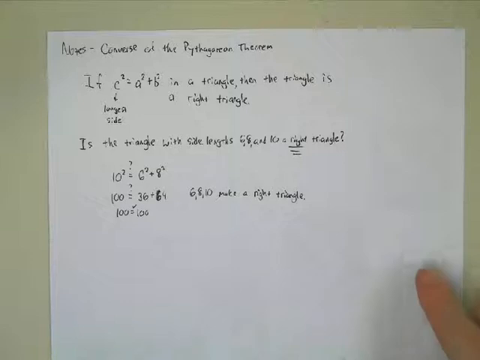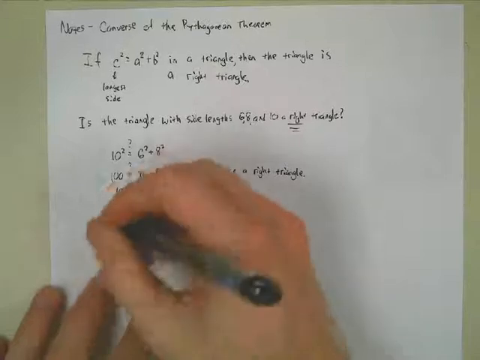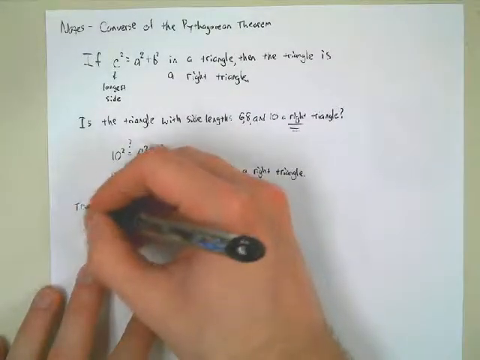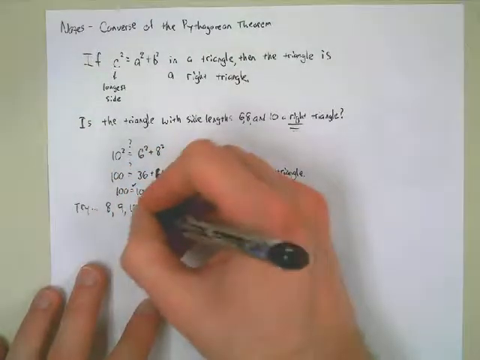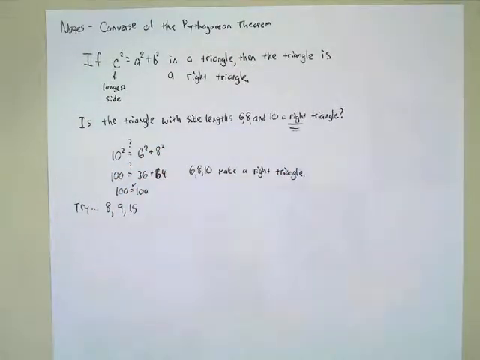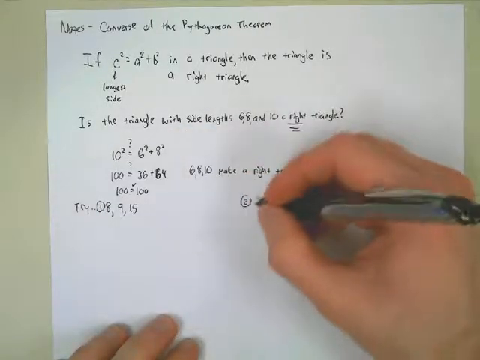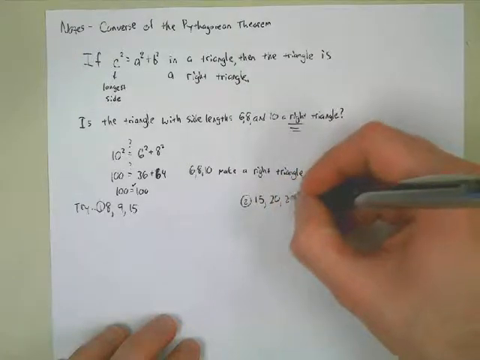So let's try some other values here. Let's try 8, 9, and 15. Actually, I'm going to have you guys just try these. Go ahead, try 8, 9, 15. Try 15, 20, 25.